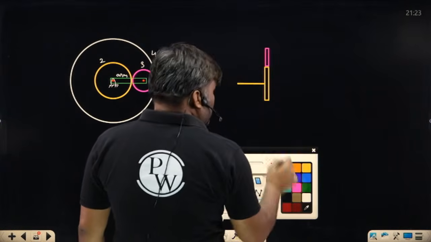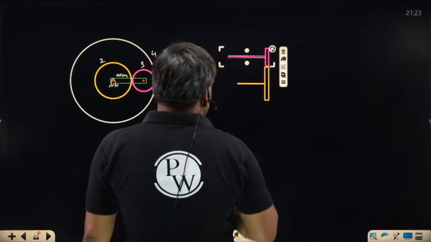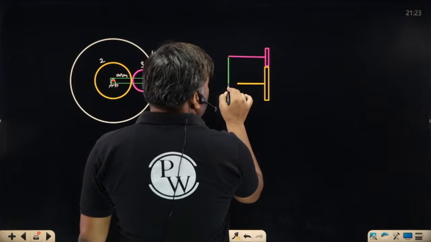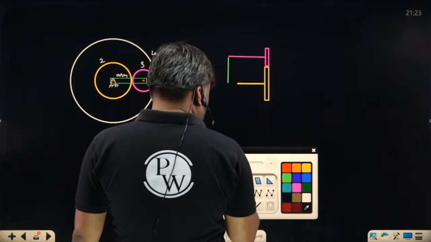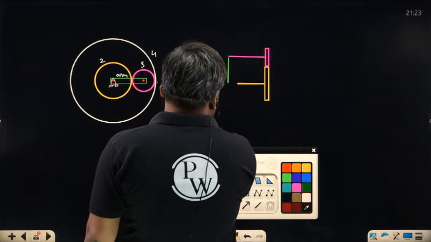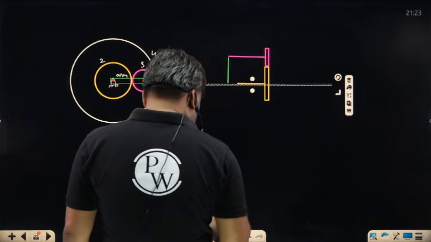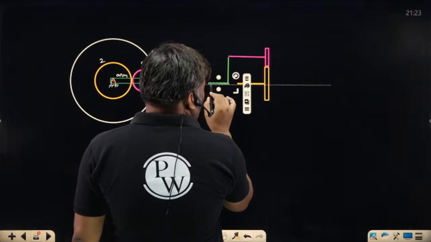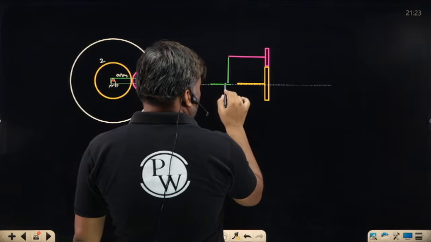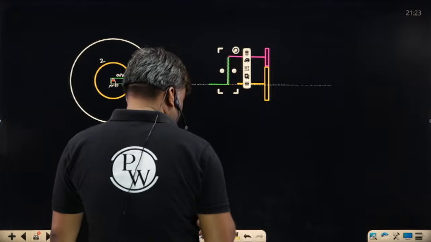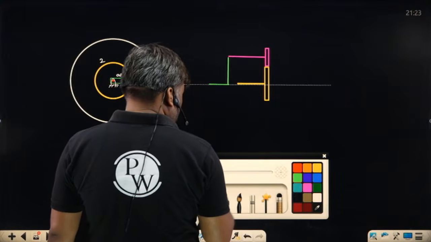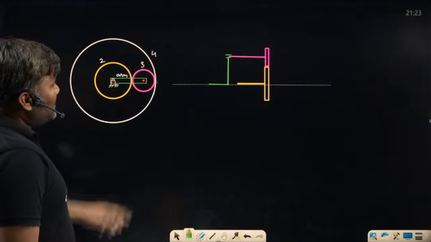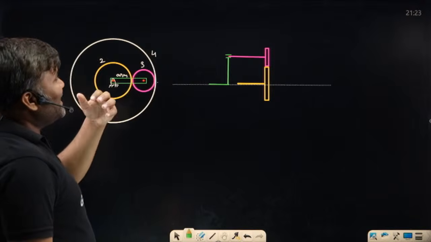And gear 3 ka whatever shaft we are having, this shaft is carried on the arm. Arm looks green in color, say. This is the arm. Arm is also rotating about the fixed link. Very, very careful. This is the shaft of the arm. Something like this. And this 3 is meshing with some internal gear.